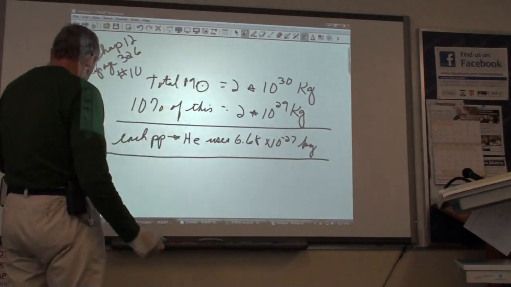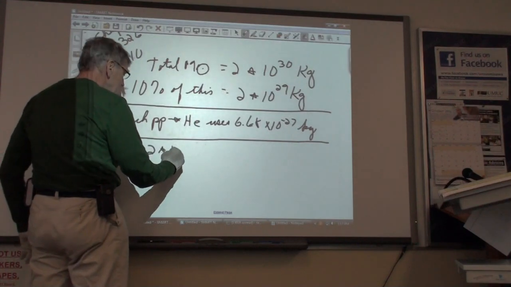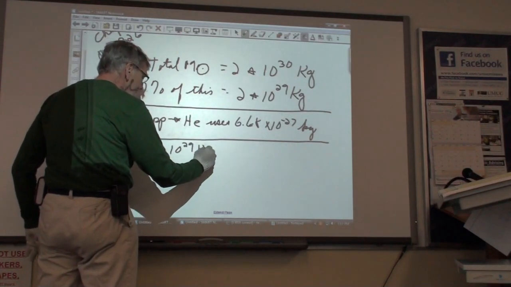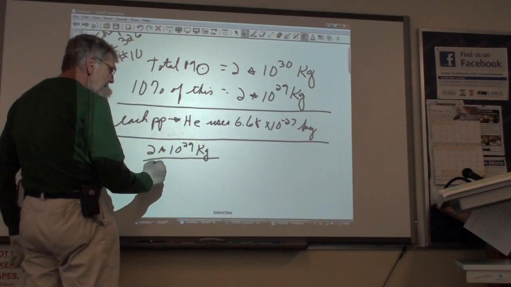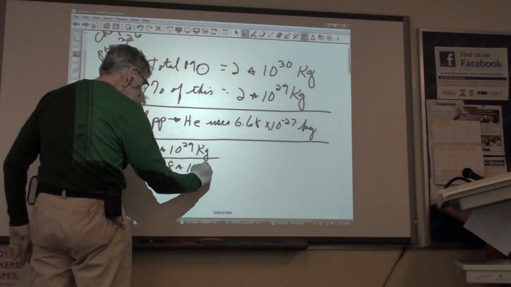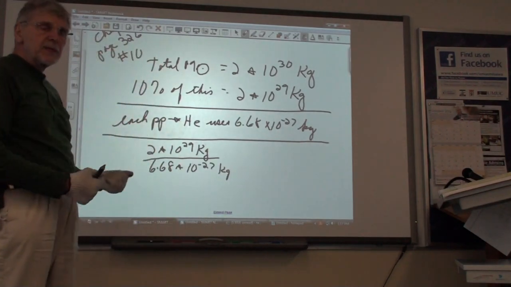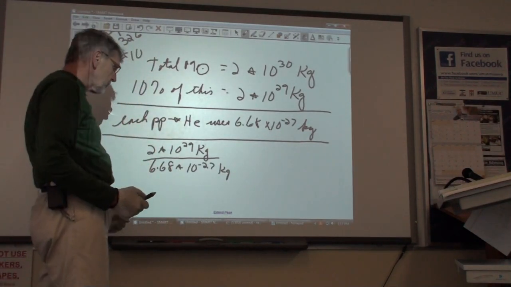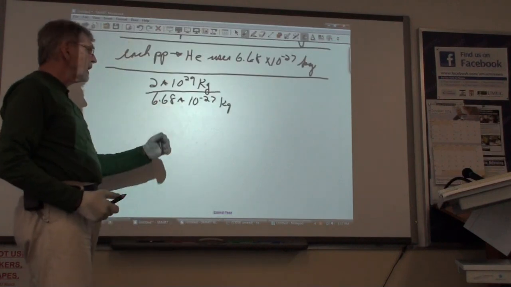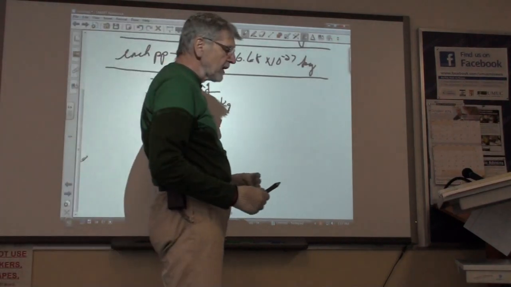So if we have 10% of the core available, which is 2 times 10 to the 29th kilogram, and each pp reaction uses 6.68 times 10 to the minus 27 kilograms, then we can see how many reactions we can get out of this 10% of the core by dividing the amount that each reaction uses into the total amount that we have available.